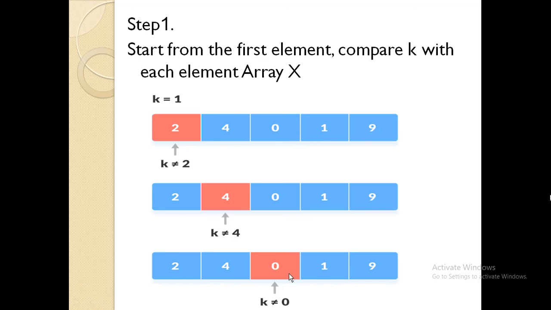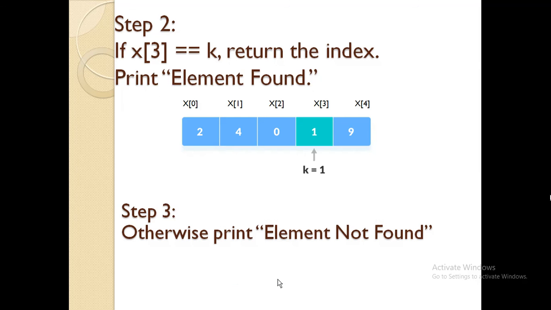So search goes ahead. Now my search key is compared with the third element of the list. At this index 0 is stored. Again my search key is not matched with this element. Again search proceeds.